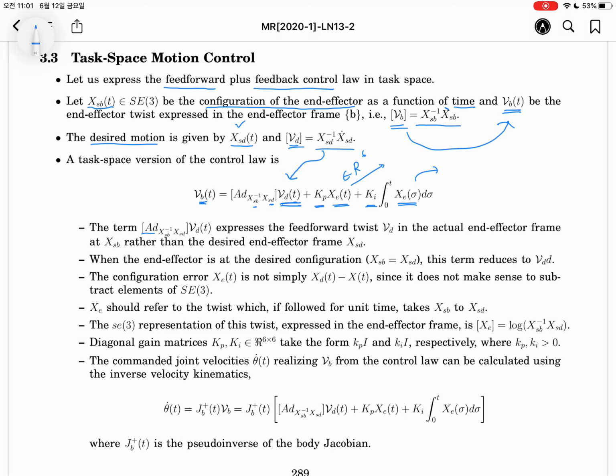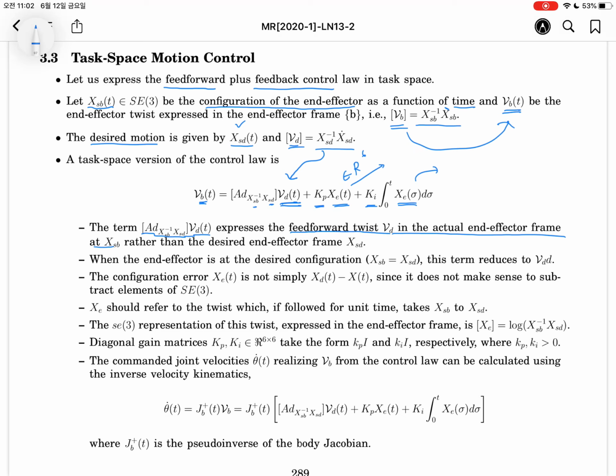Let me explain again. The term adjoint of XSB inverse XSD times the desired twist will bring the desired twist in terms of the body frame, the feedforward twist in the actual end effector frame.